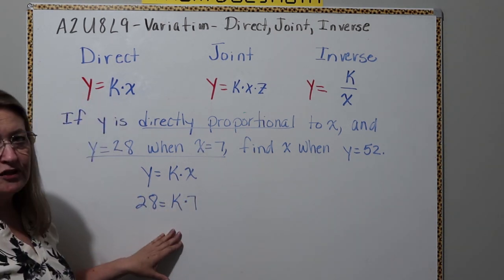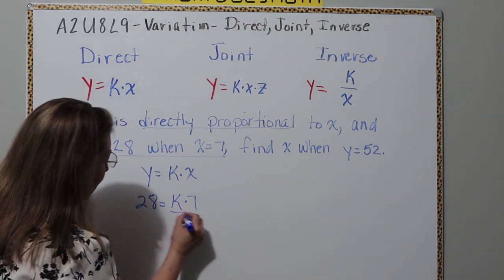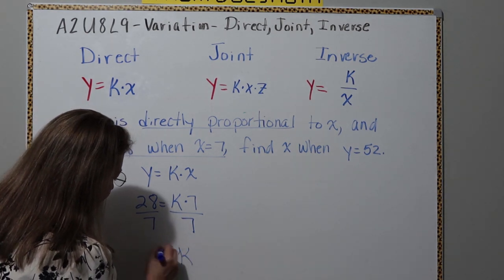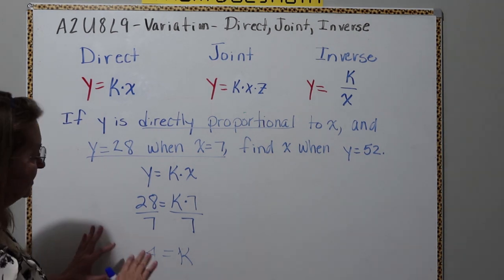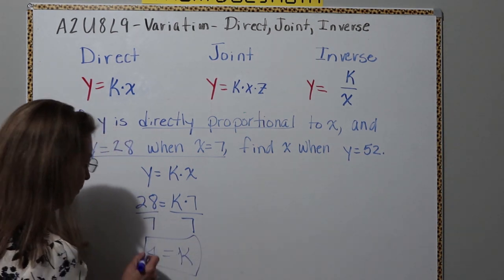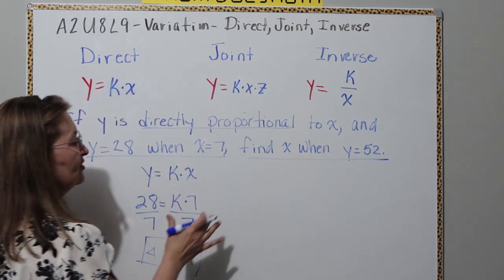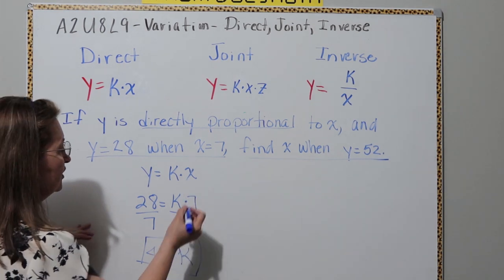Now if I solve this for k, my constant, how am I going to do that? Well, k is multiplied by 7, so I'm going to divide by 7. And now I know that my constant is 4. Now let's take this constant, which doesn't change, and fill it into the next part of the scenario. Now I want to find x when y is equal to 52.